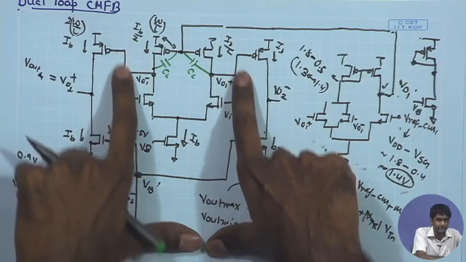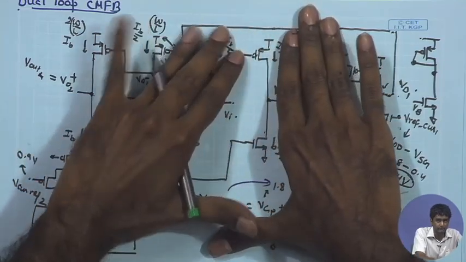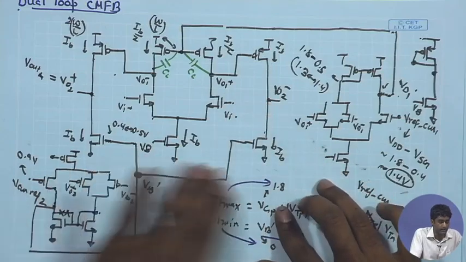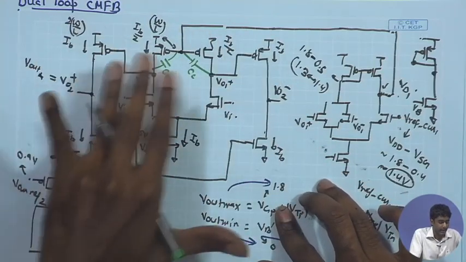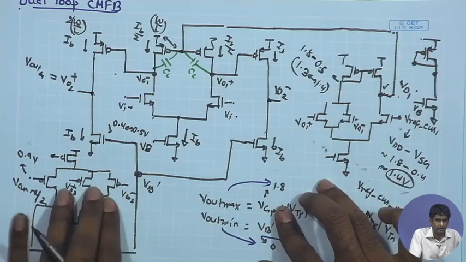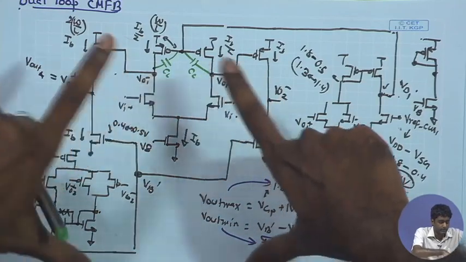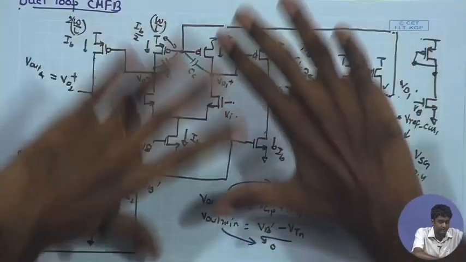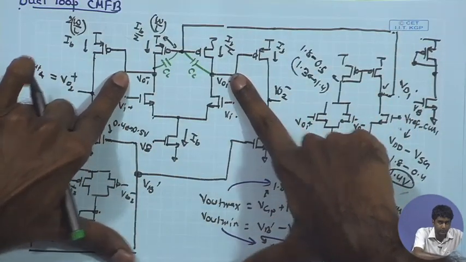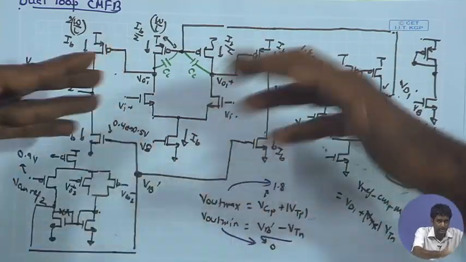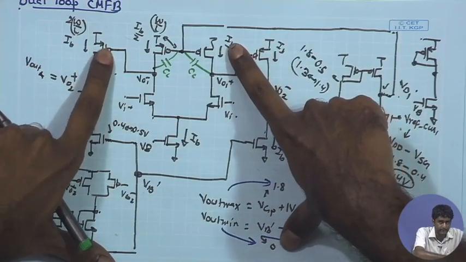So these two will become AC ground, and I can forget about the first stage and only look at the second stage along with the error amplifier, which is catering to the second stage. In that condition, the assumption is that the first stage is completely stable, you do not have to worry about it. This therefore becomes DC bias, and in the overall analysis I can put this at AC ground.